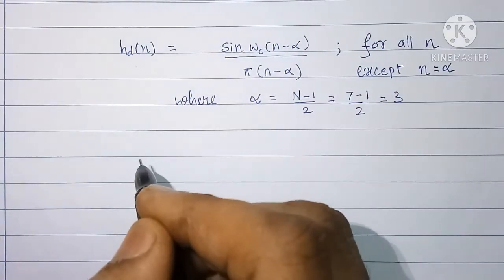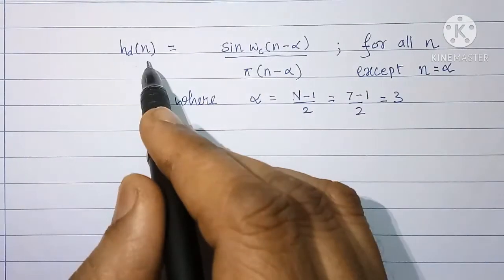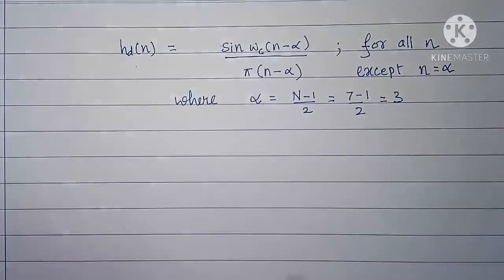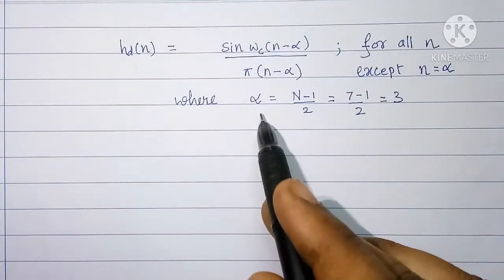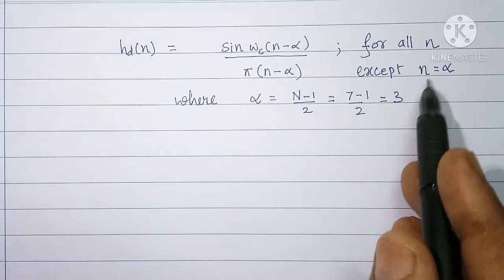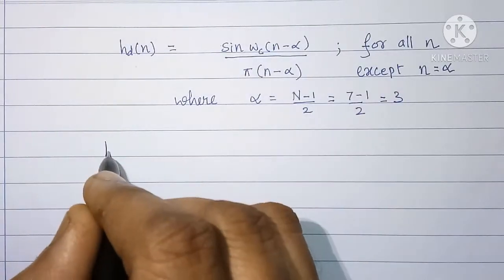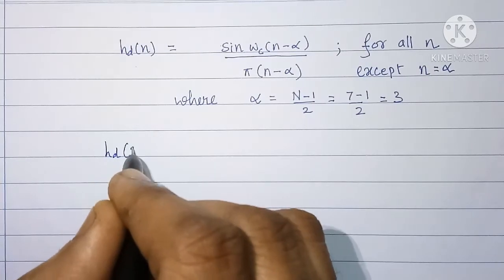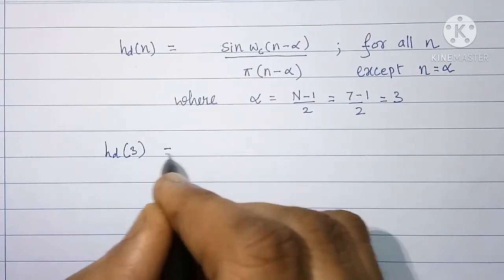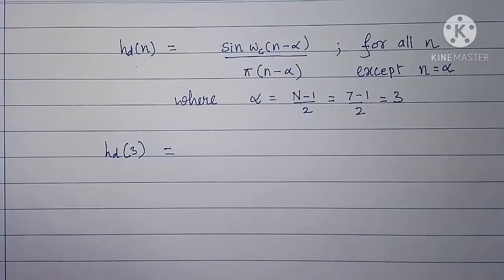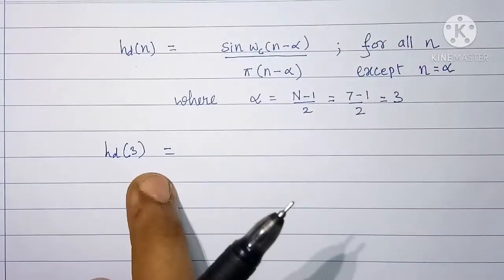So I have to get now hd of n for n equal to alpha, that is small n equal to 3. hd of 3 equal to... for finding hd of 3, what we have to do?